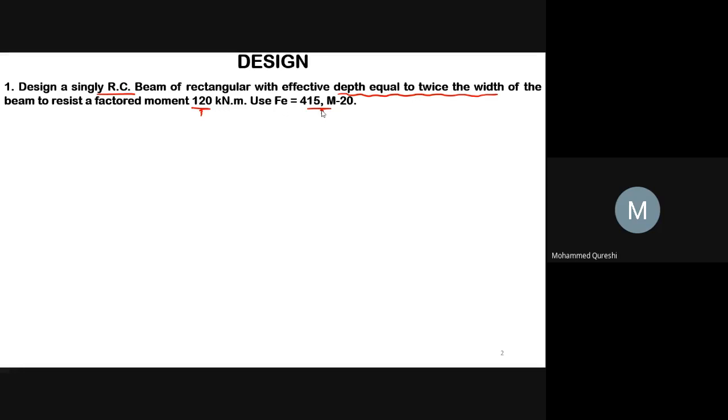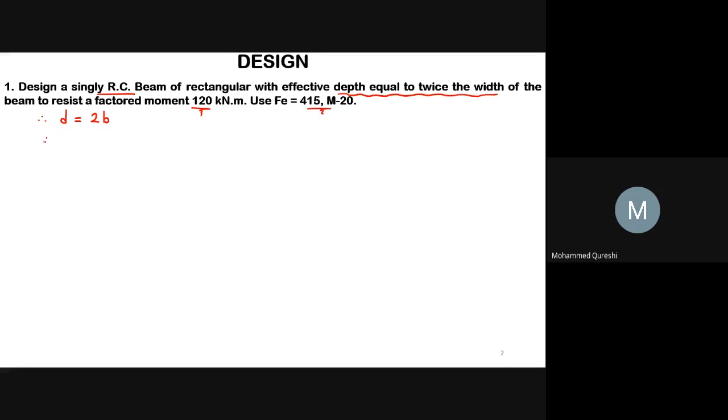So, first of all, we will write the given data. First, it is given that depth is equal to twice the width of the beam.